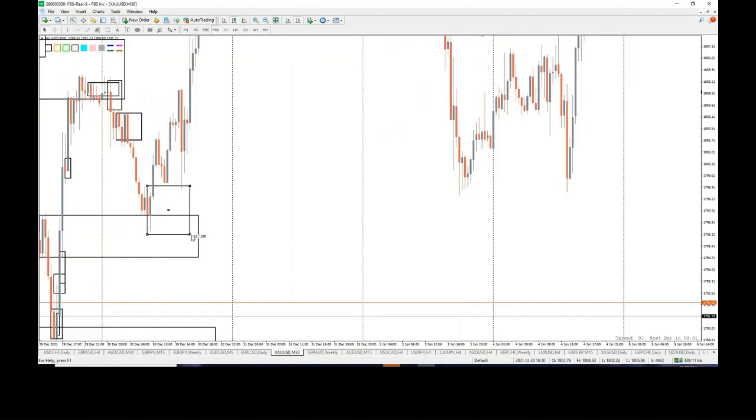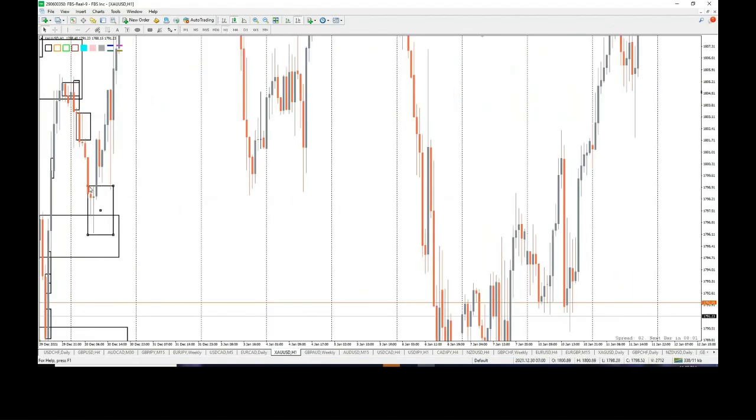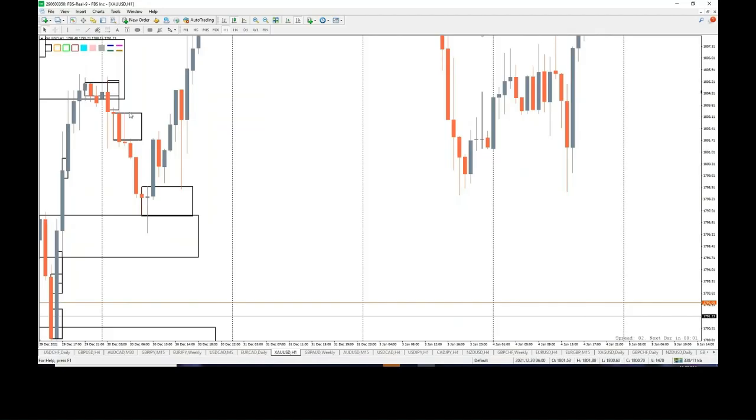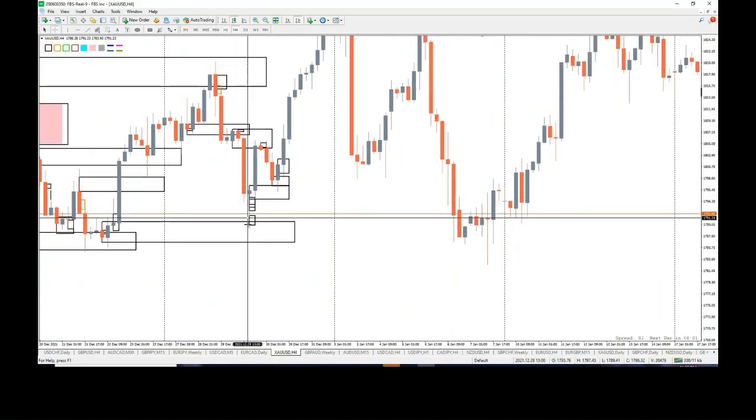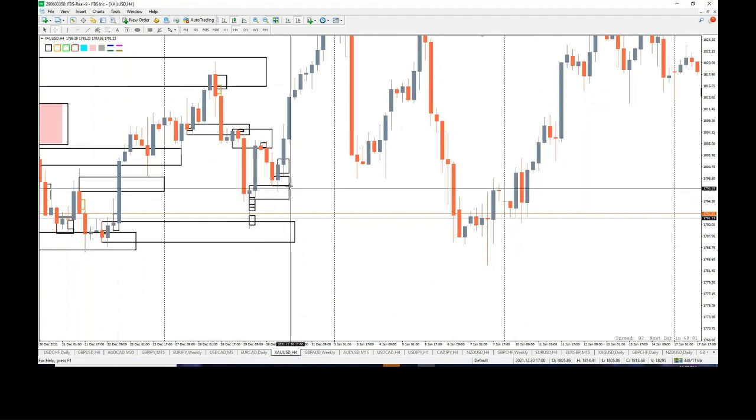That's an H1 zone, so you'd be going up to the next H1, like this. This is confirmation for buy also. This is H4, right? H4 to H1.